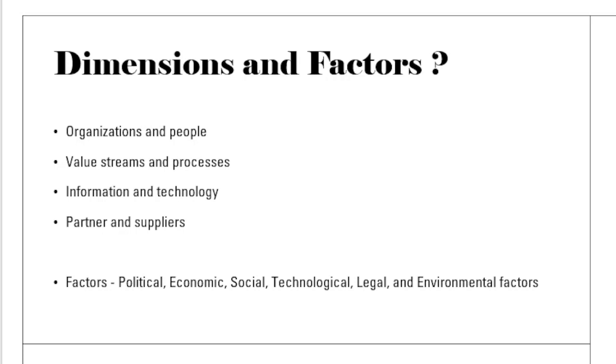So around those 4 dimensions, if you imagine a square cut into 4 sections, you've got organisation and people, value streams and processes, information and technology, and partners and suppliers, each in a mini square. Around all of those you have these PESTLE factors, and these are factors that influence the dimensions. So things like political, economical, social, technological, legal and environmental factors.